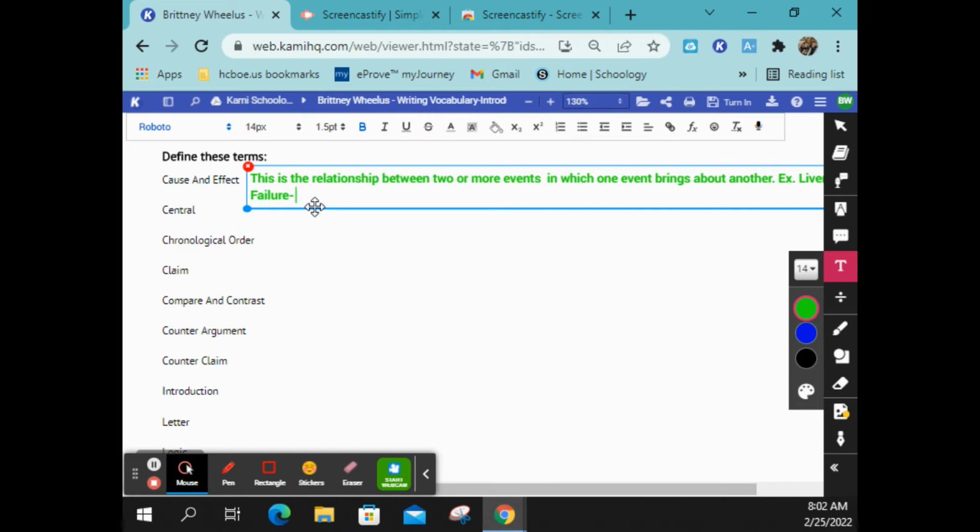Okay, the cause of liver failure could be drinking excessively. The effect of drinking excessively is going to be liver failure and the possibility of needing a liver transplant.